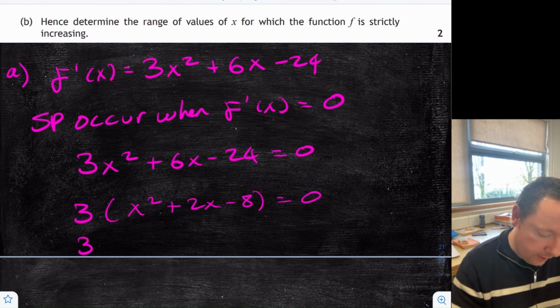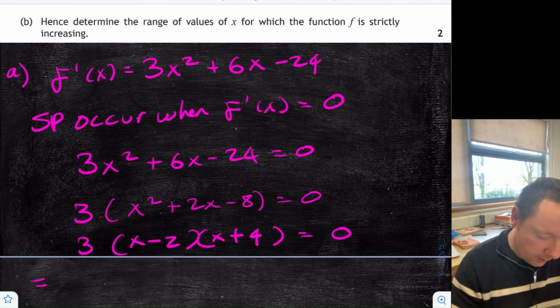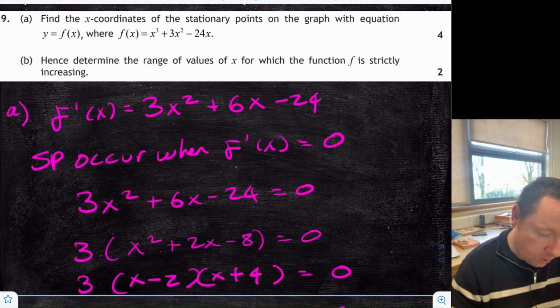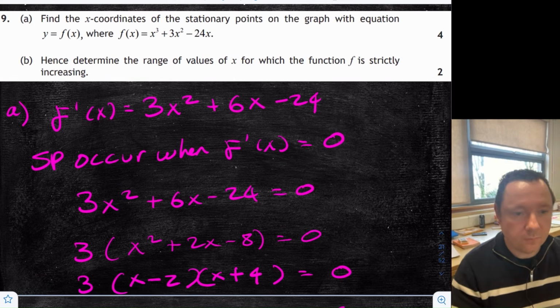So that's 3, double bracket, x and x, 4 and 2, plus 4 minus 2. So that implies that x equals 2 or x equals minus 4. Just the x coordinates, so we're done there.